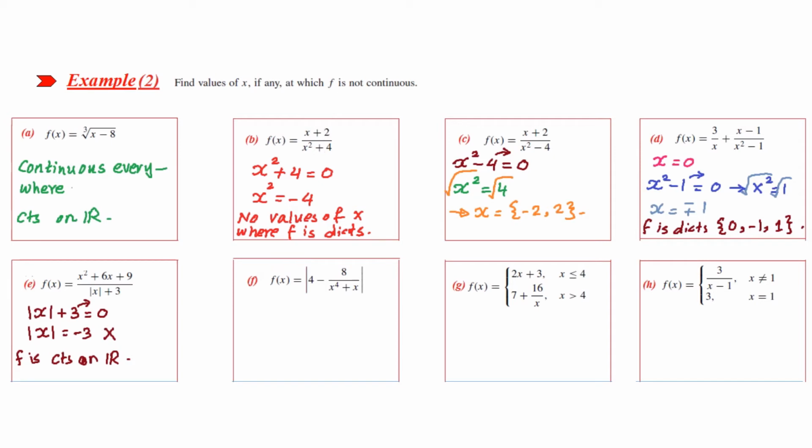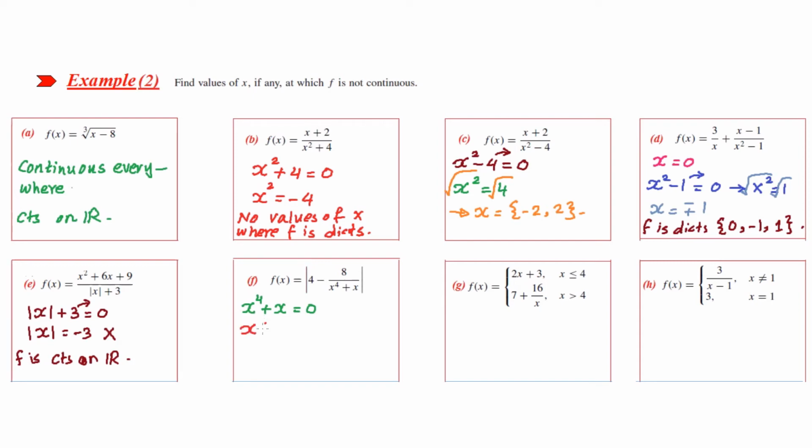For part F, we have an absolute value. This is a composite function. 4 is a constant function, it's continuous everywhere. For the second function, we have a rational function. The denominator is x to the power 4 plus x equal to 0. Take the greatest common factor between the two terms.